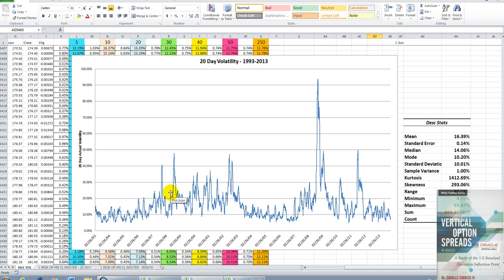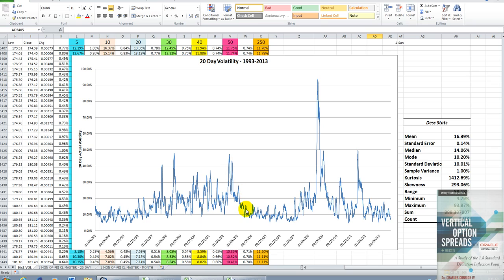You see some big short-term spikes going up to 40, 45%. The tech bubble at the turn of the century led to some good volatility spikes. The beginning of the Iraq War in '03 led to some good volatility spikes.